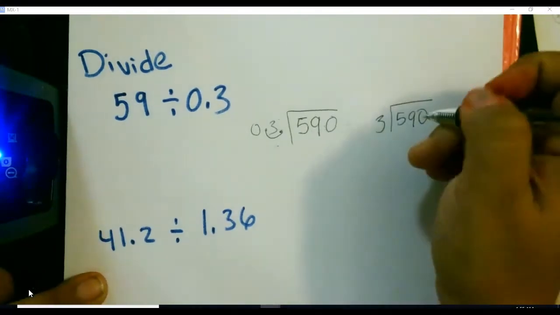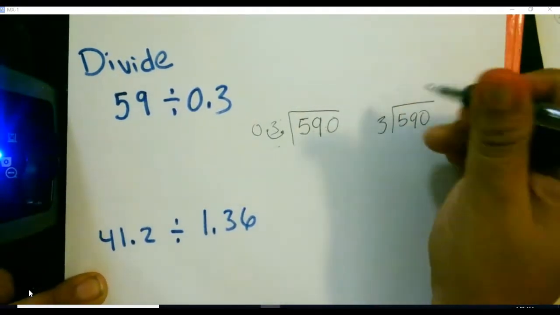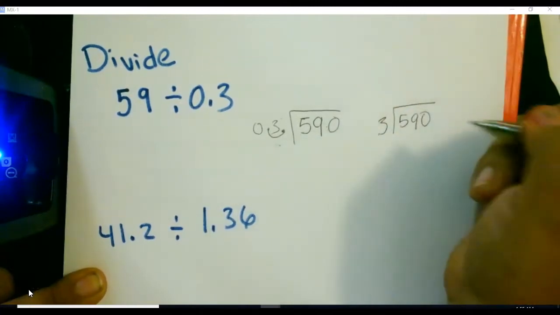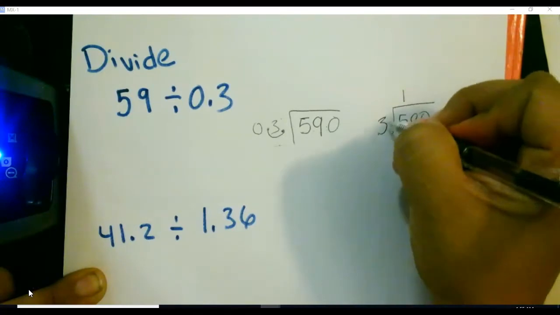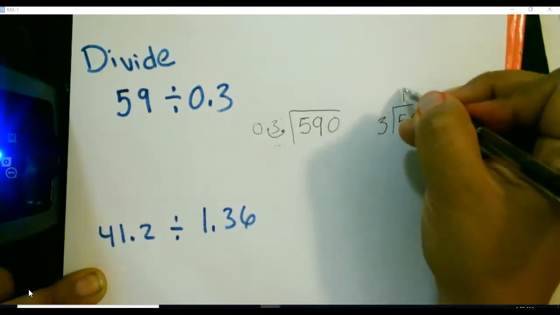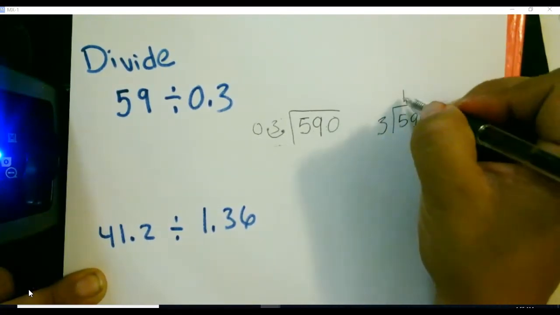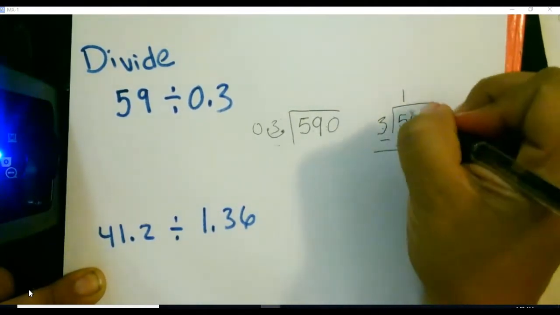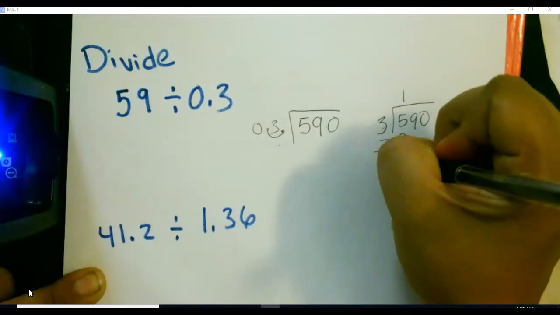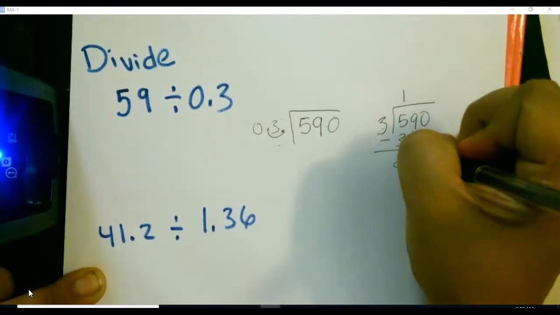Now we're ready to divide. And we do regular division. How many times does the 3 fit into the 5? One time, right? Now make sure that you put the digit on top or above the number you're dividing. Then 1 times 3 equals 3. Then I subtract. 5 minus 3 equals 2. Now I bring down the 9.